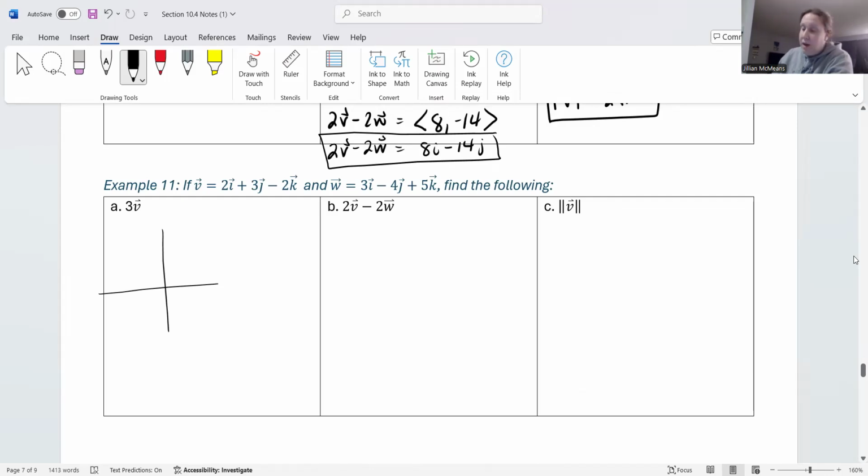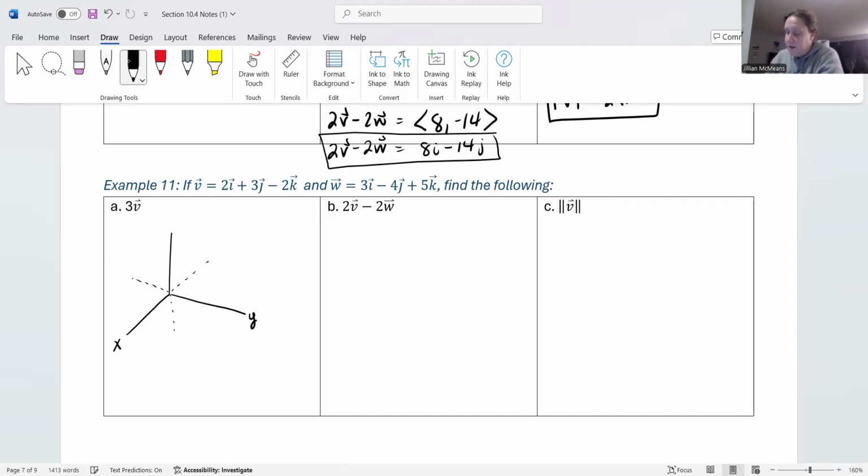When you have three components to a vector, you're doing something a little different. So you're dealing with something kind of like this. Think of this as an x-axis, this is a y-axis, and this as a z-axis.